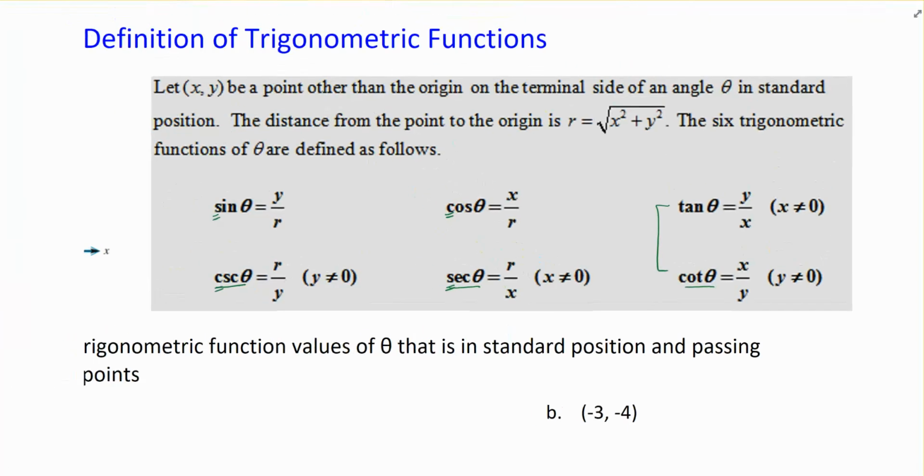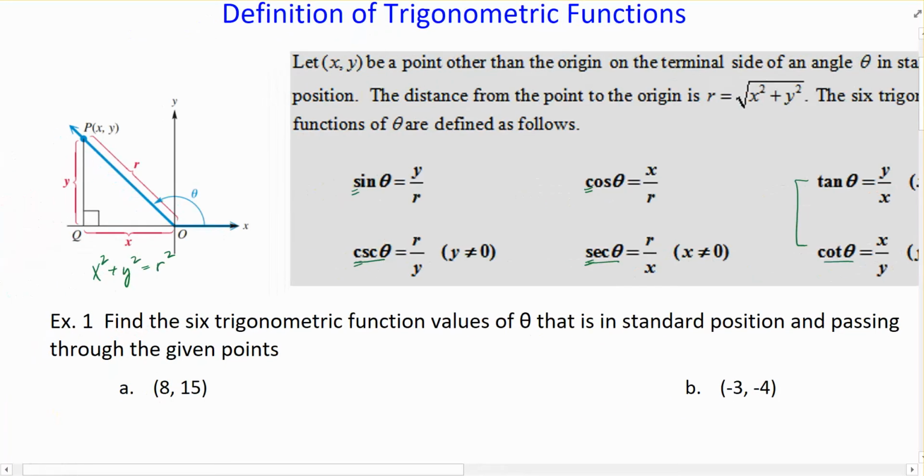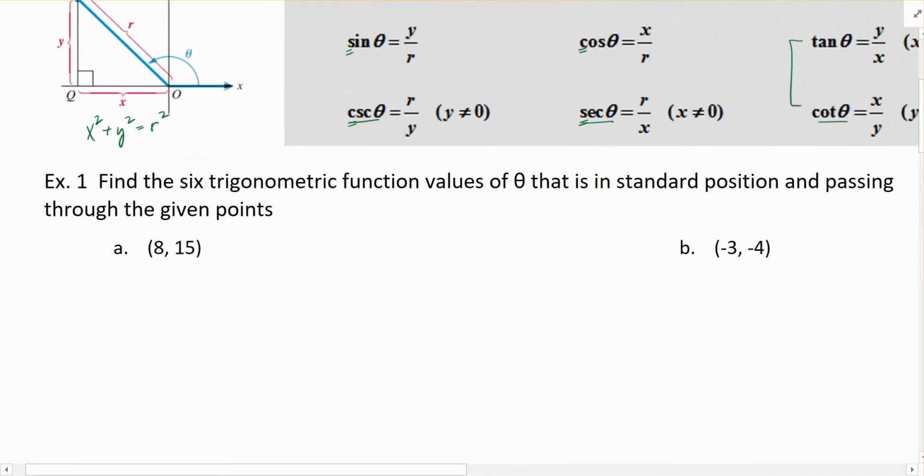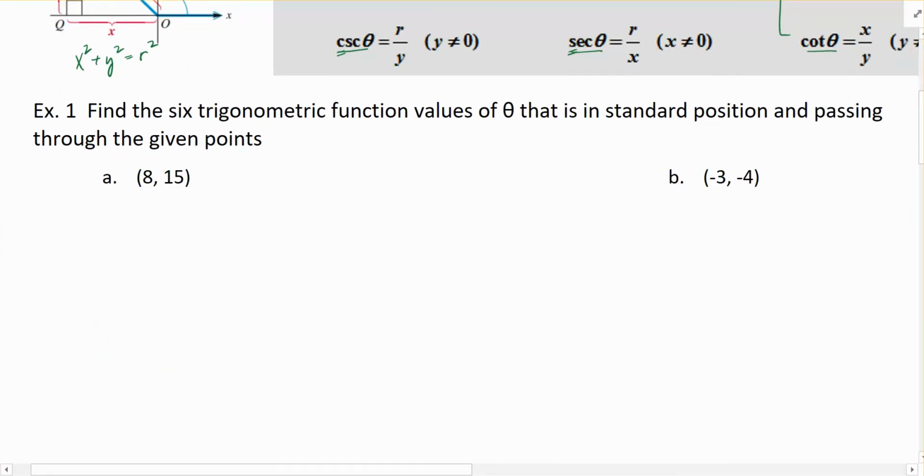And now let's put them to some use by looking at this example down here. The first example tells us that we have the point (8, 15), and it is on the terminal side of some angle theta, and I want to know what the 6 trig function values are for that given point.